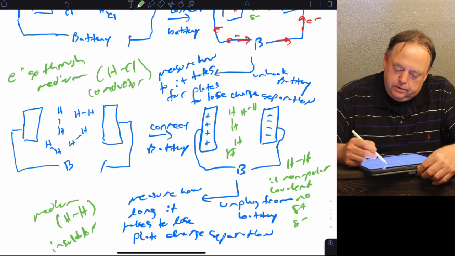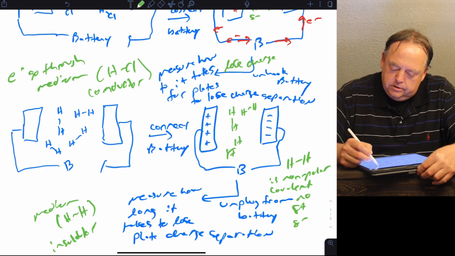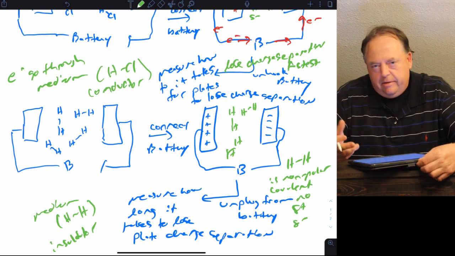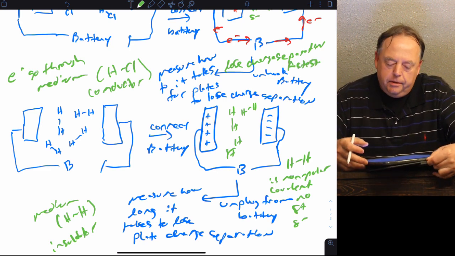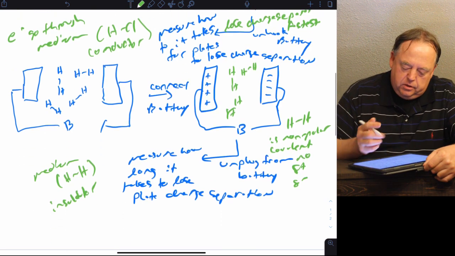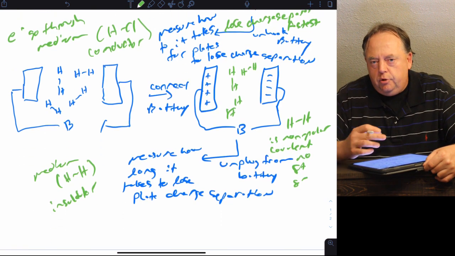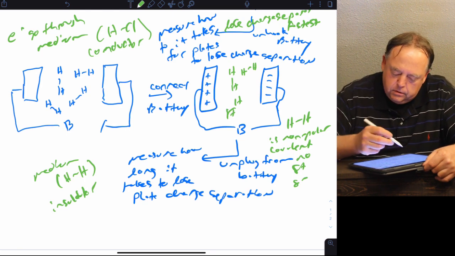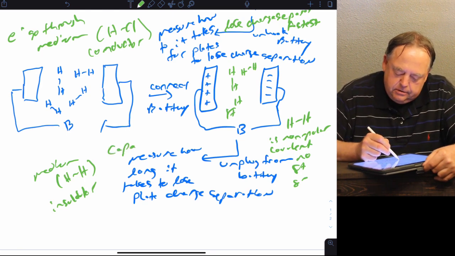So these plates will lose charge separation the fastest. And that's basically a measure of what's known as dipole moment. Experimentally, if you're measuring how long two plates can maintain their charge, in physics that's what's known as capacitance.